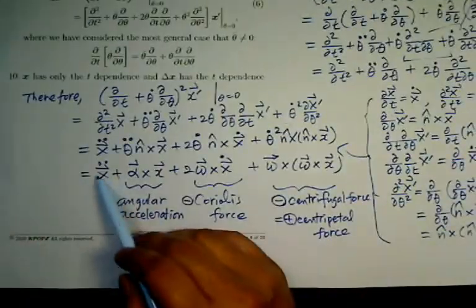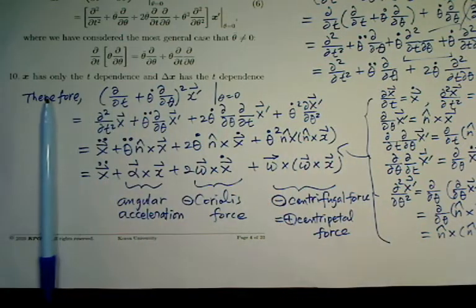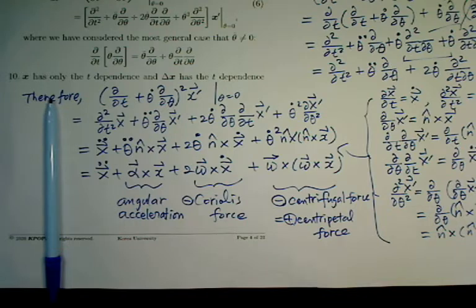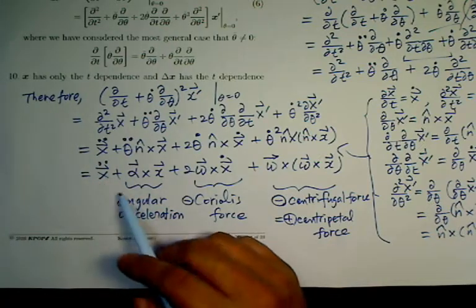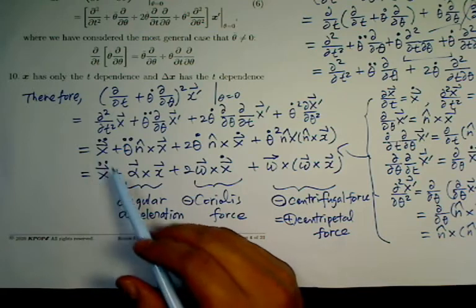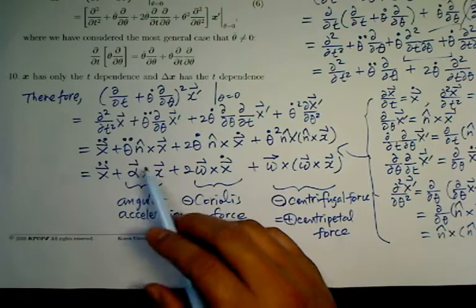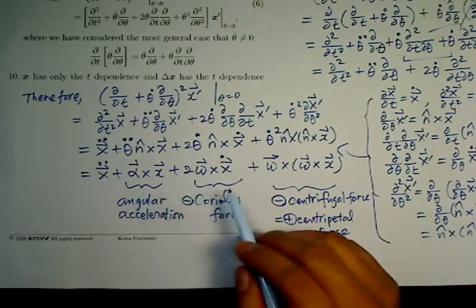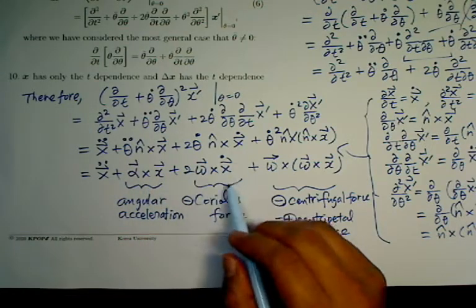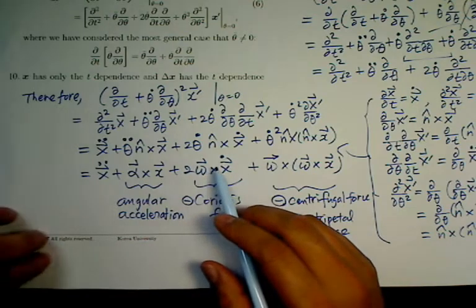So this is the acceleration, everything summed over, that is the acceleration in any inertial reference frame, and this is the acceleration observed at the rotating frame. This is the acceleration due to the acceleration of the angle. This is the acceleration due to the motion and the rotation of the axis.